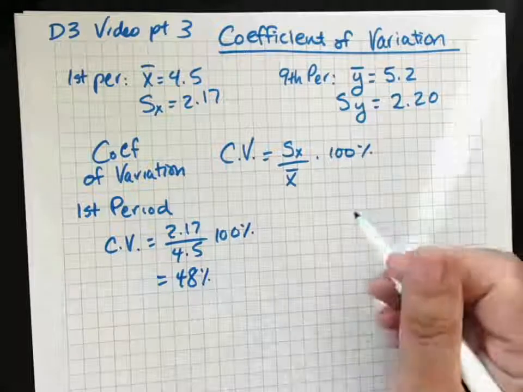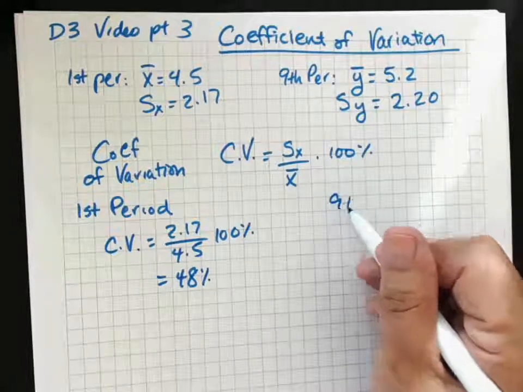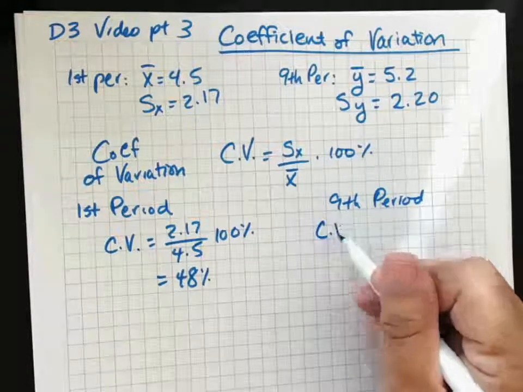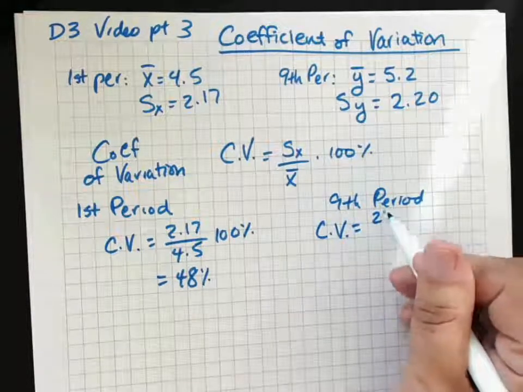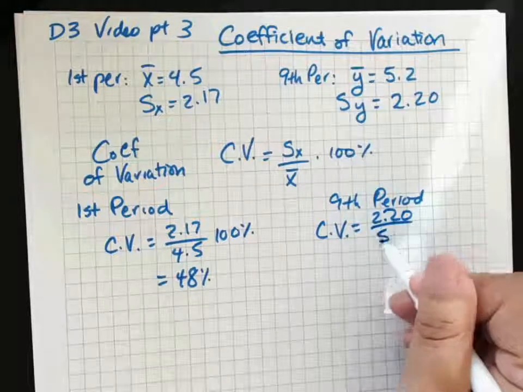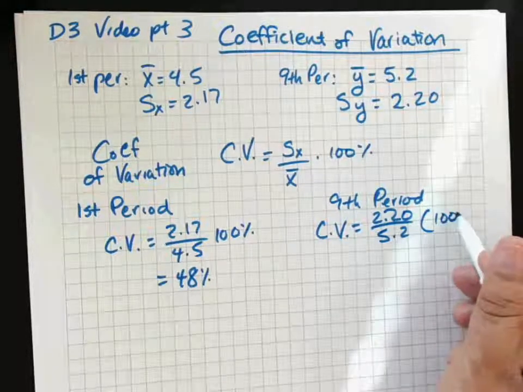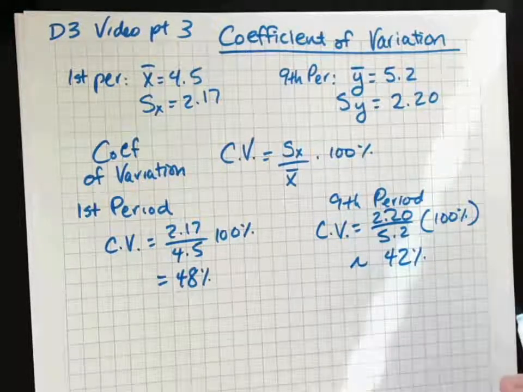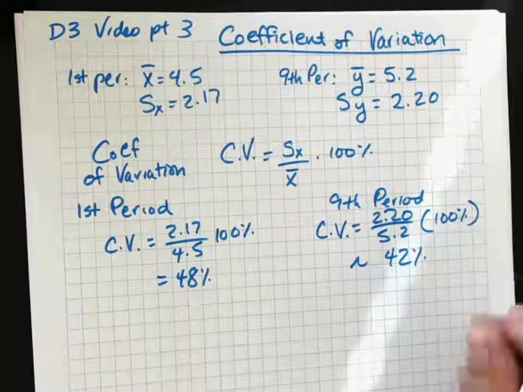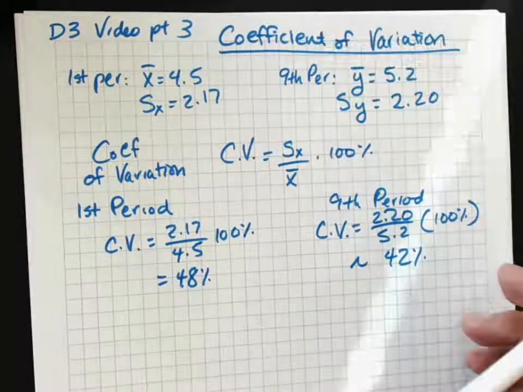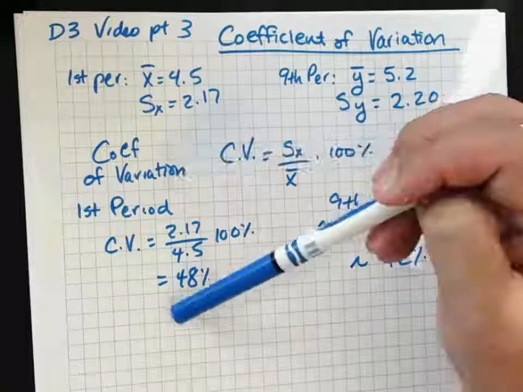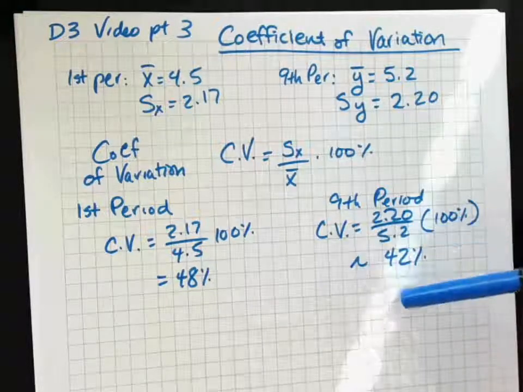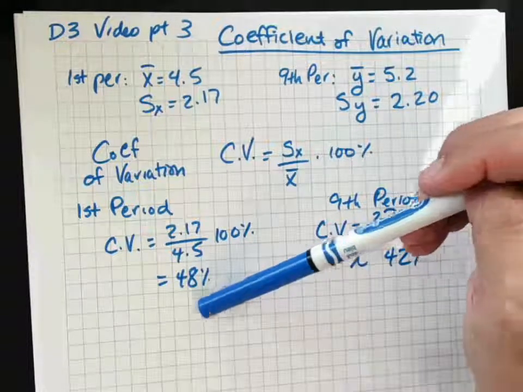If I calculate it for ninth period, CV equals 2.20 over 5.2 times 100%, which is roughly 42%. So relative to their averages, ninth period actually has less spread than first period, because ninth period spread compared to average is 42% to their average slices of pizza, and first period is 48%.